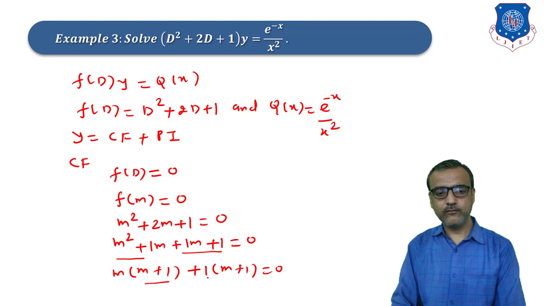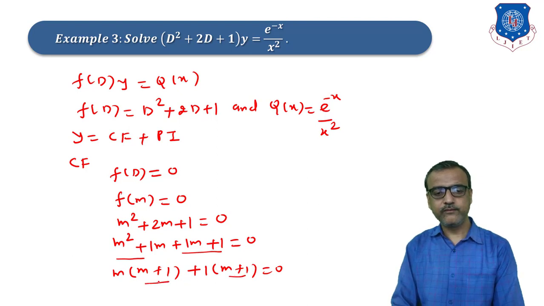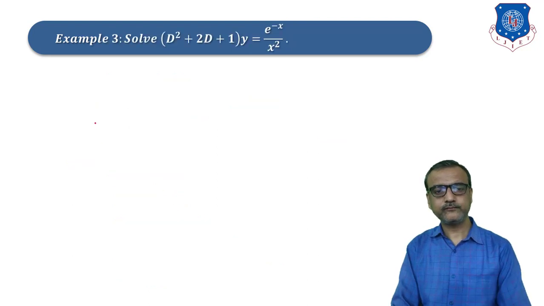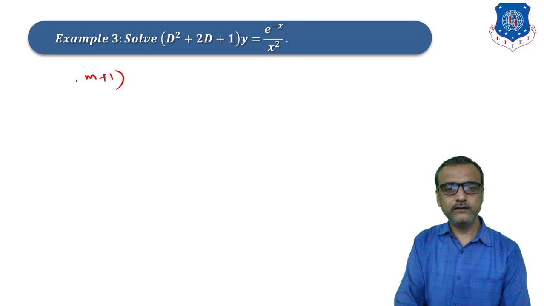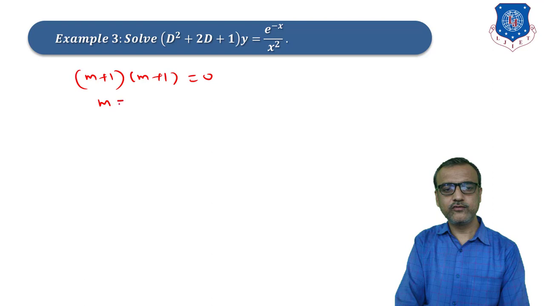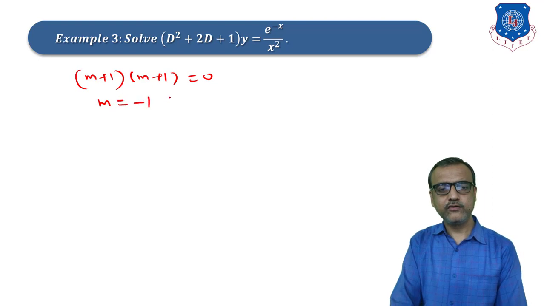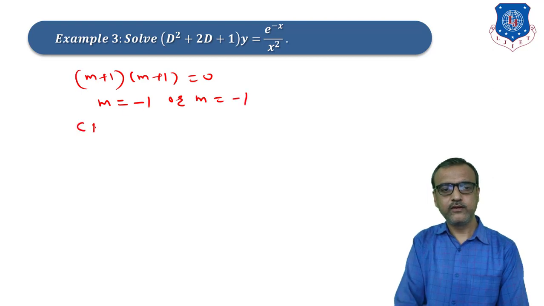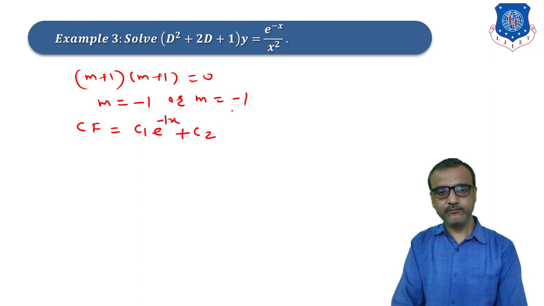Now again taking common m plus 1 from these two terms, we have m plus 1 in one bracket and m plus 1 in another bracket, that is equals to 0. So by equating m plus 1 to 0, we have m equals to minus 1 or m equals to minus 1. So CF is equals to C1 e raised to minus x plus C2, as this minus 1 is repeated, so we will write down x e raised to minus x.